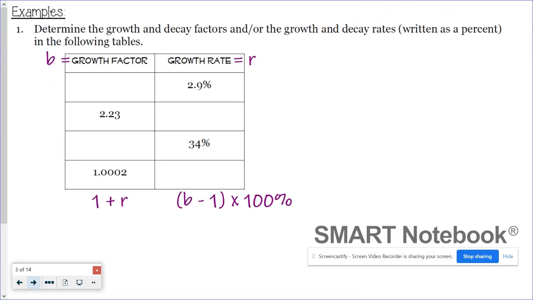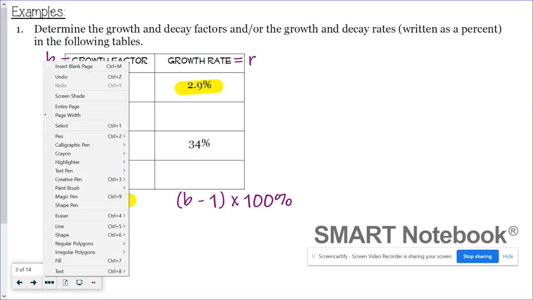In these problems, it says determine the growth and decay factors and/or the growth or decay rates written as a percent in the following tables. First thing, row 1, I'm given 2.9%. This is a rate. In order to find the growth factor, I need to use the formula 1 plus r.